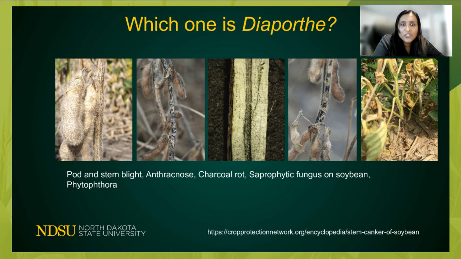The one question I usually ask farmers is which of these is the Diaporthe disease. This is very important because, as much as in Diaporthe diseases we notice this reddish-brown discoloration, it could be similar to any of the diseases listed here. If you were to look for black dots, you would also find them on an anthracnose-affected stem, on a charcoal rot-affected stem, or even on a saprophytic fungus.